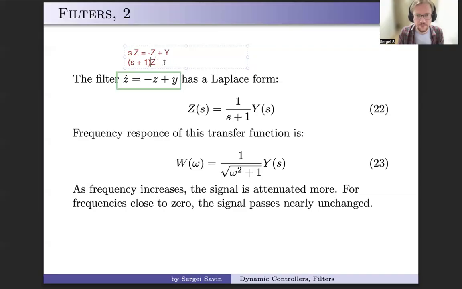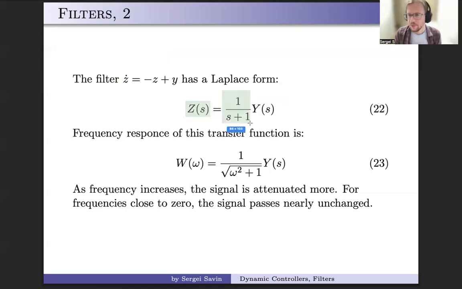We put this on the left-hand side, and then we get S Z plus Z equals Y, and I take Z out of the brackets. It will be S plus 1 times Z equals Y, right? You understand how it goes, right? And then we get a transfer function. We divide everything by S plus 1. So Z of S is equal to 1 over S plus 1 times Y of S.